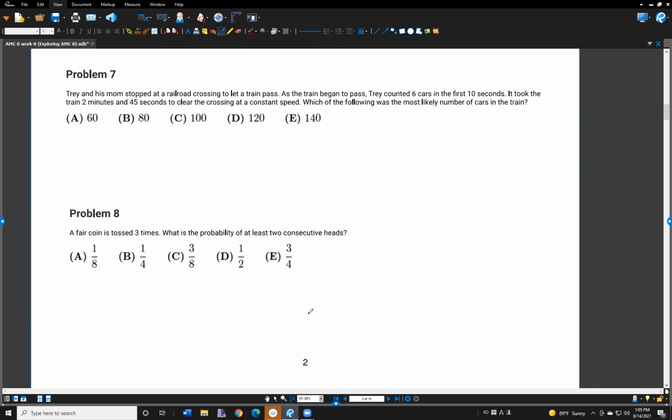Okay, take a look at number 7. Trains mom stopped at the railroad crossing to let a train pass. As the train began to pass, they counted 6 cars in the first 10 seconds.